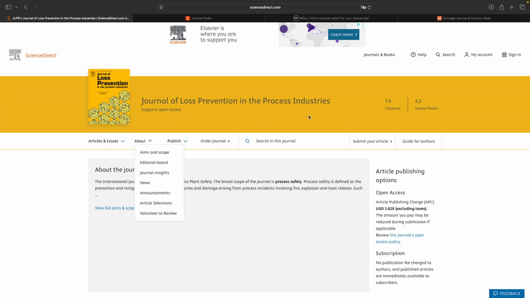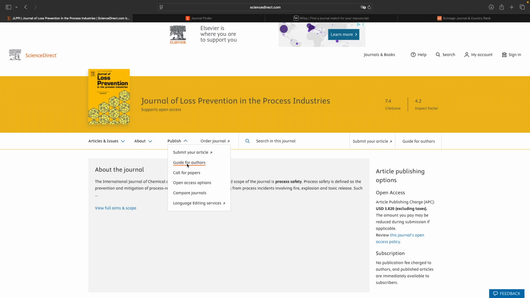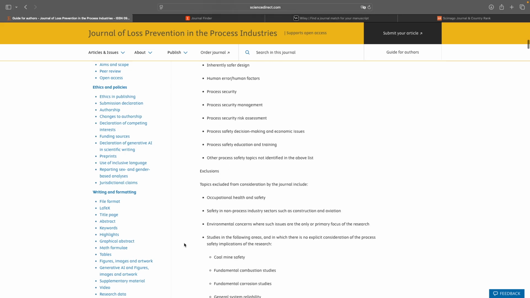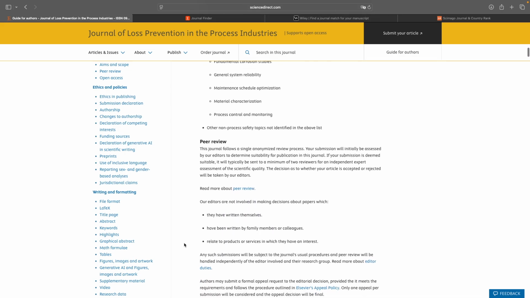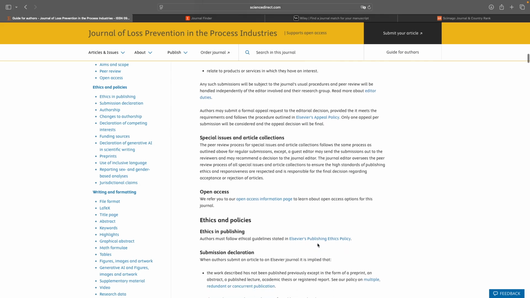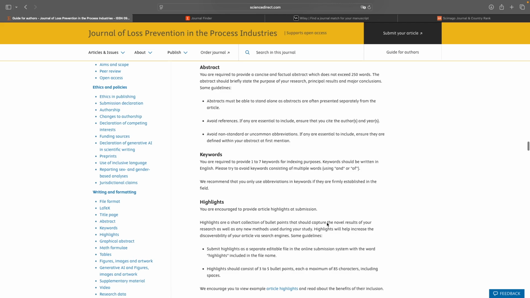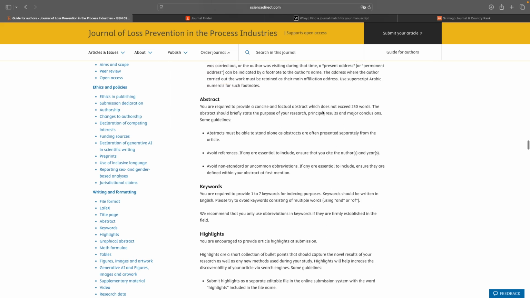We have the Journal of Loss Prevention in the Process Industries. If you go to Publish, there is a section called Guide for Authors, and it gives you a very specific overview of how your paper should look like. For example, this journal does not want abstracts that are more than 250 words.